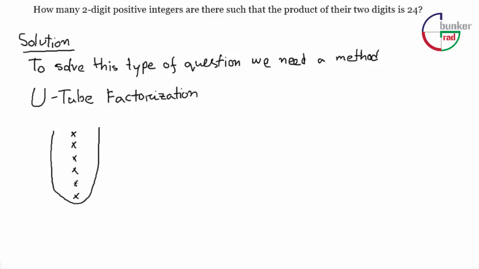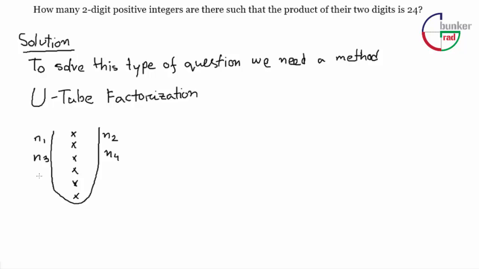Like for example 4, we can choose two values to multiply to make it 4, like 1 multiplied by 4 is 4, 2 multiplied by 2 is 4. So these are two different values we are going to put here.